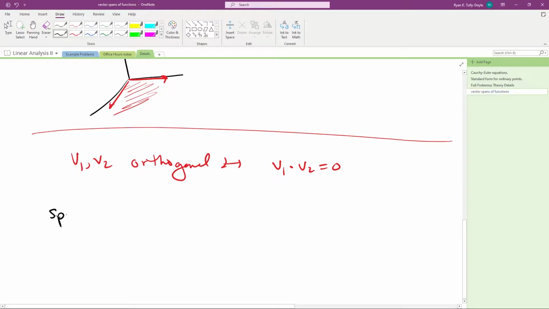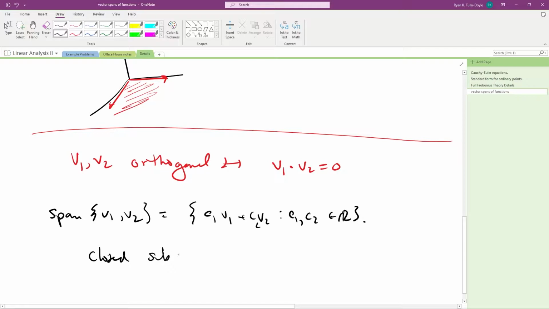So form the span of v1 and v2, which again, remember, is the linear combinations of v1 and v2. So far I've said nothing different. We call this a closed subspace, because if I took two vectors inside the span and I add them, I stay in the span. If x and w are in the span of v1 and v2, then so is x plus w.